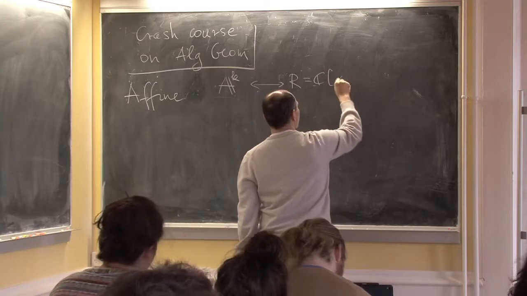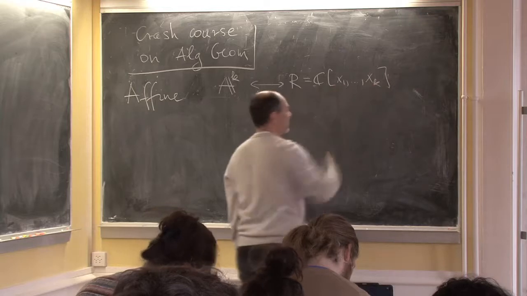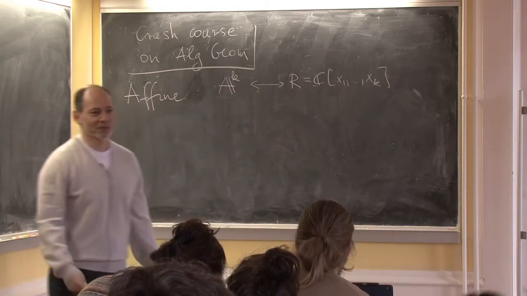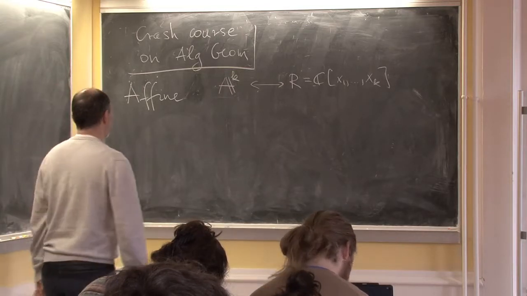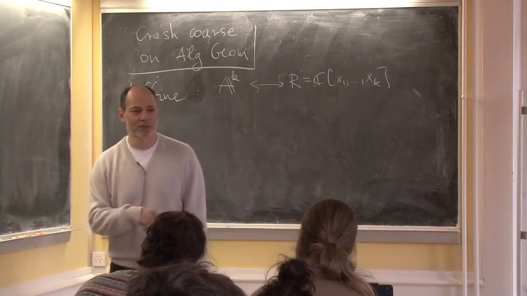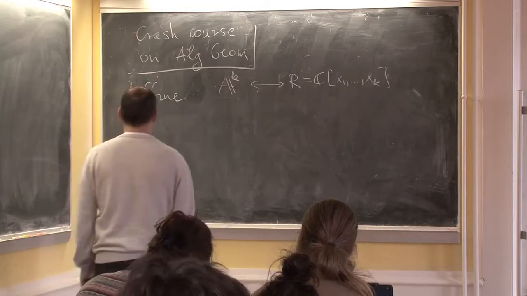I'll look over complex numbers. This is actually a sure sign that you're not an algebraic geometer if you immediately say that you look at complex numbers, because of course the whole point for them is to look at different fields, but for us this is going to be fine. If towards the end of the course I learn what happens over other fields, then I'll tell you, but for now this is going to be okay.